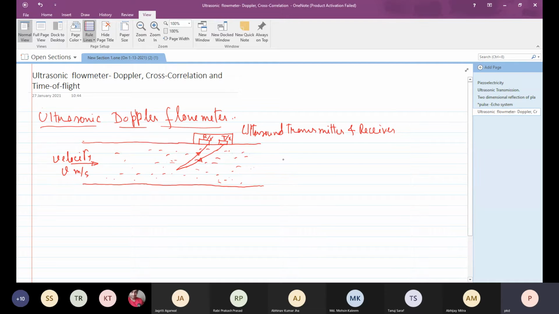Let the velocity of sound in the medium be c meters per second.